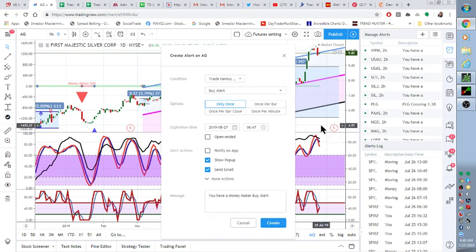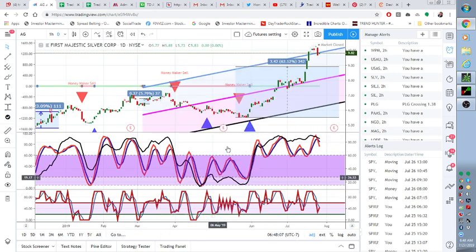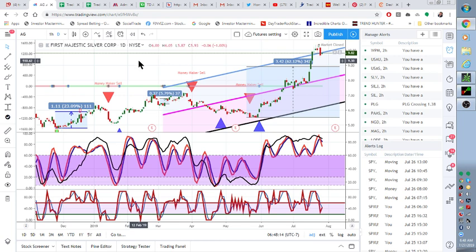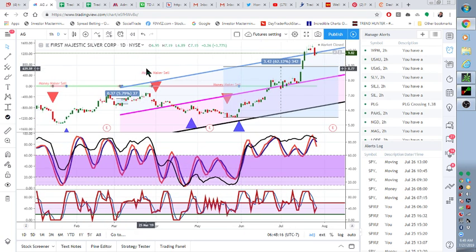Okay, so the miners that I like is First Majestic. You can see I trade it quite a bit, and I usually trade on the 4 hour, so something may not match up with these triangles, but it's a good signal even on the daily, as you can see.